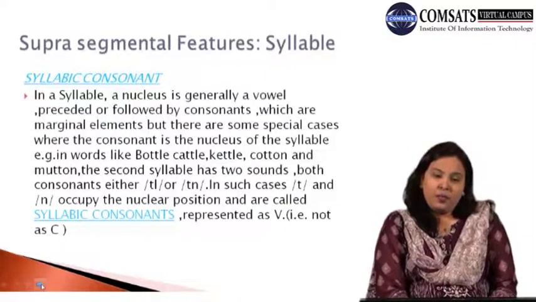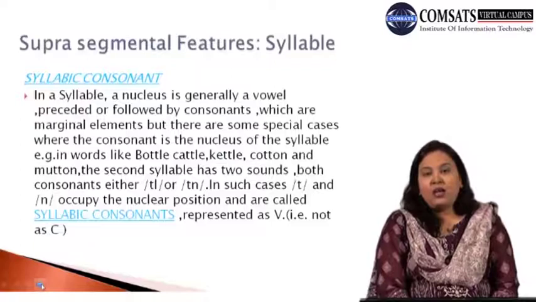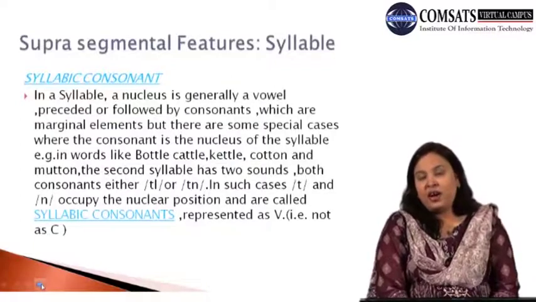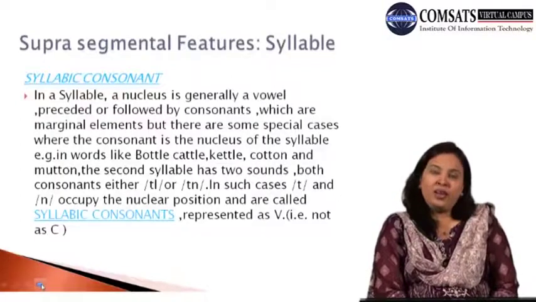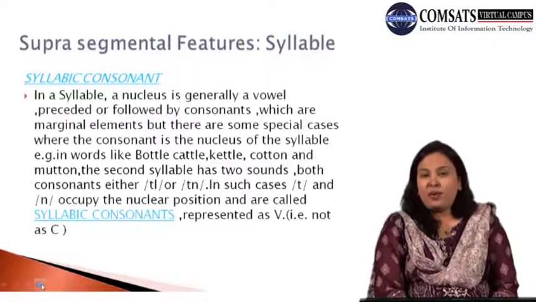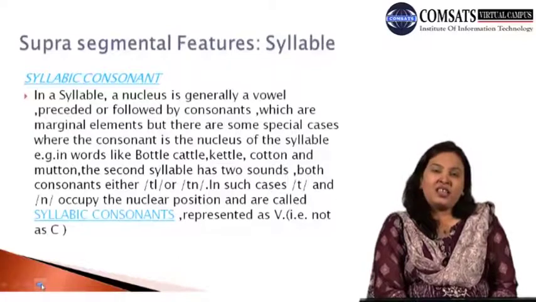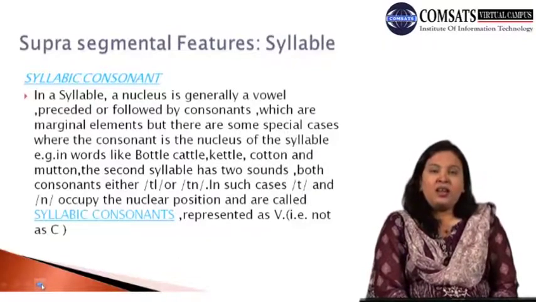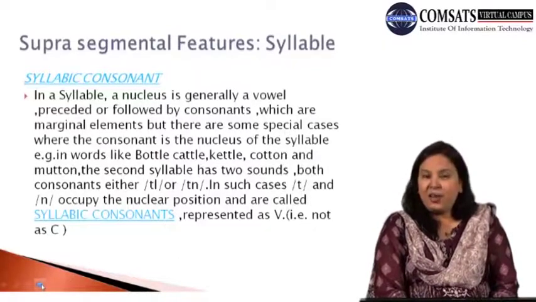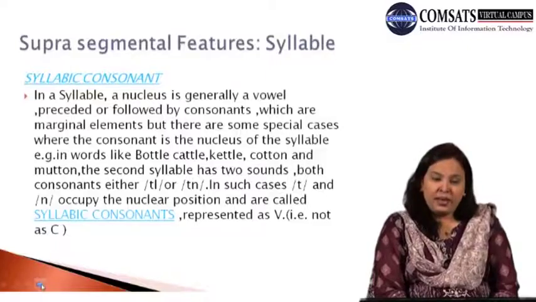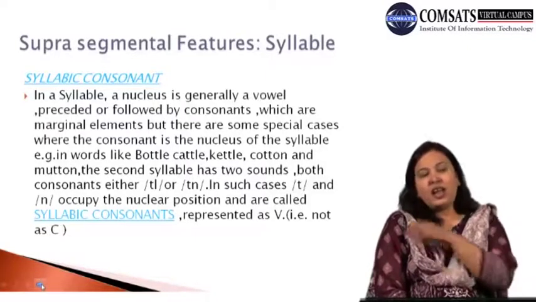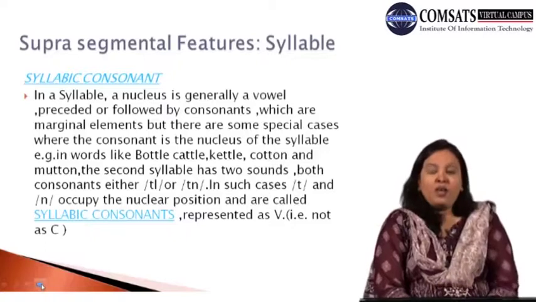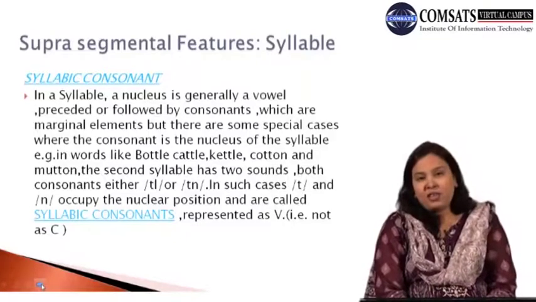Syllabic consonant. In a syllable, a nucleus is generally a vowel. As I told you in the beginning, most of the time, almost 90 to 95%, the vowel takes the central position in the syllable, the nucleus place, and it is preceded and followed by consonants, which are marginal elements.